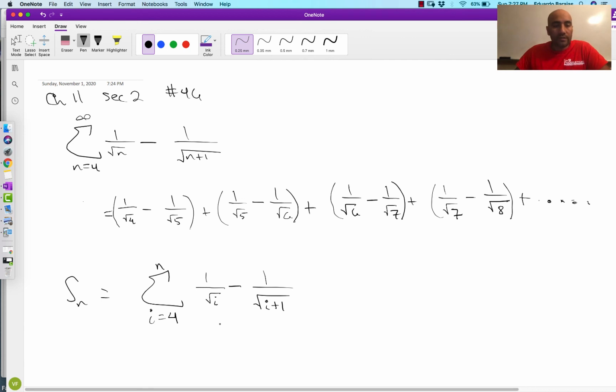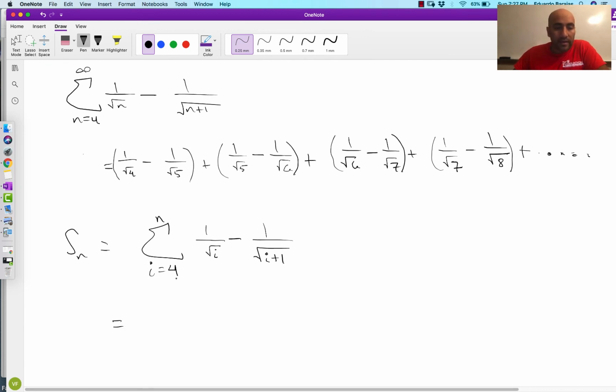Okay, and so doing the same thing, expanding it, now instead of an n we have an i, we're going to get this same thing. We're going to get 1 over root 4 minus 1 over root 5. That's when i equals 4. Plus, when i equals 5, that's going to be 1 over root 5 minus 1 over root 6.